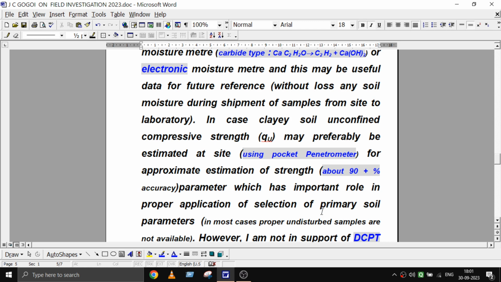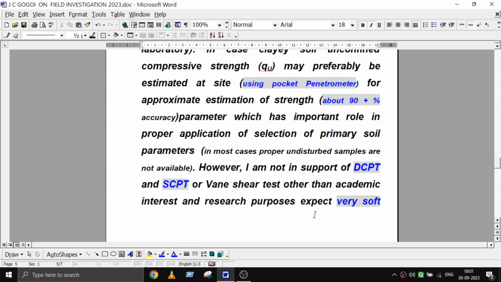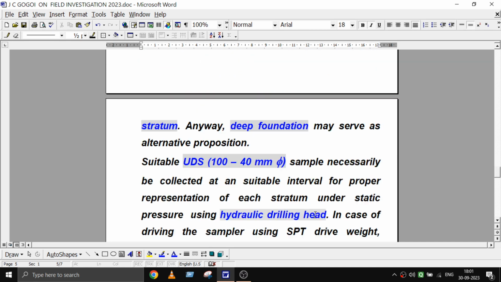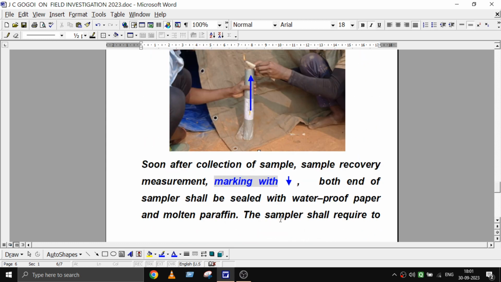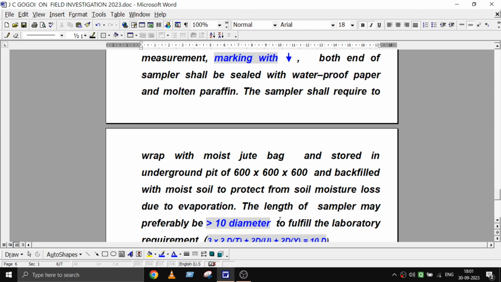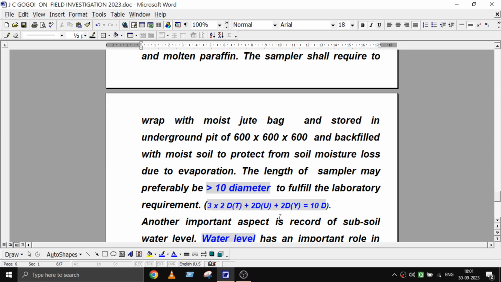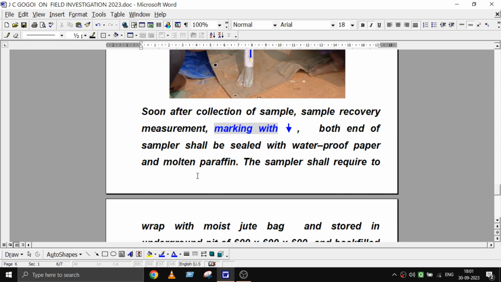For that purpose also we require 2D. So minimum 10 diameter to fulfill our requirement.